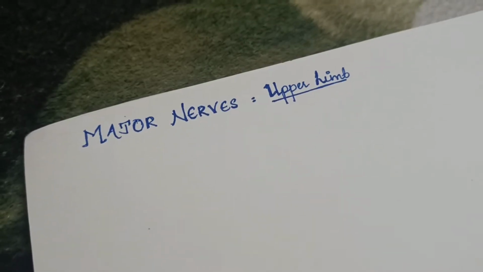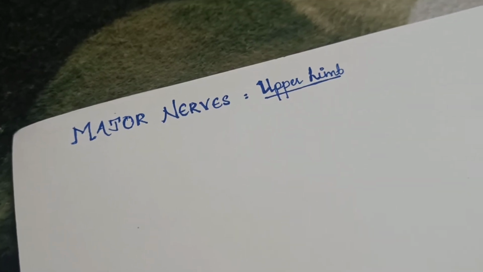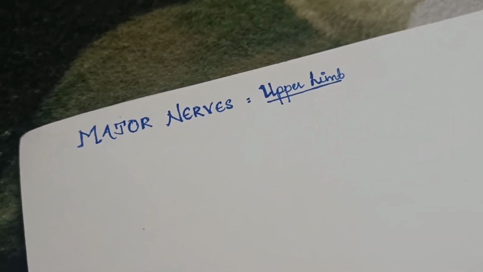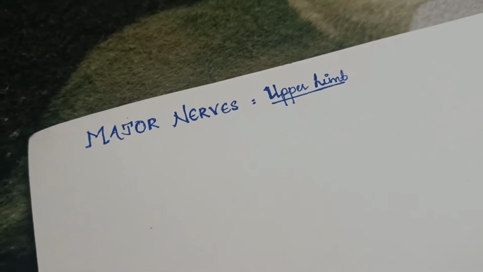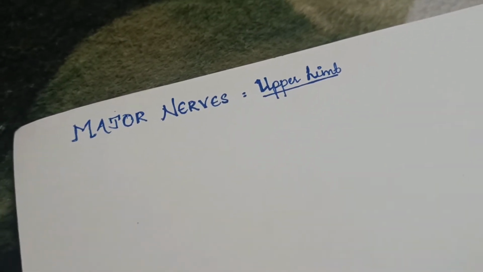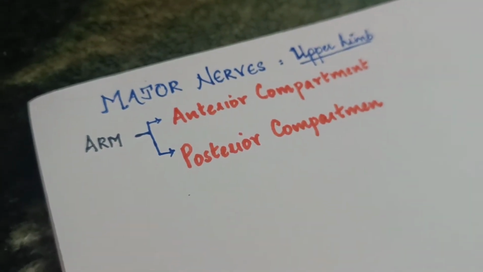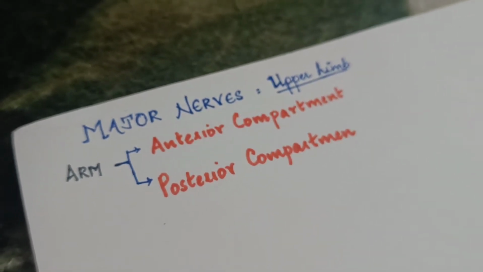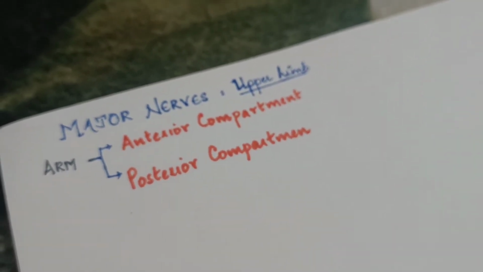First, we are discussing some major nerves of the upper limb. I will explain what nerves are coming in the arm, forearm, hand, etc. First, the arm portion: we can divide it into the anterior compartment and the posterior compartment.